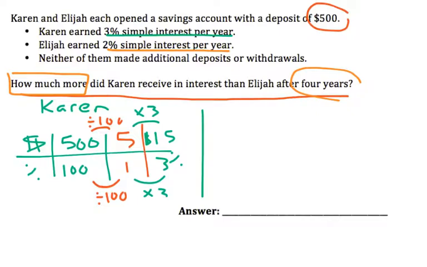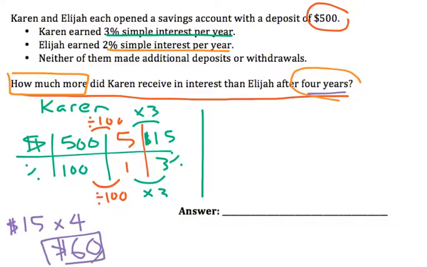Okay, and then it also says that she keeps her money in the bank for 4 years. So she's going to get $15 per year just on interest for 4 years. And 15 times 4 is $60. So that's how much Karen is making. Now let's go over to Elijah.